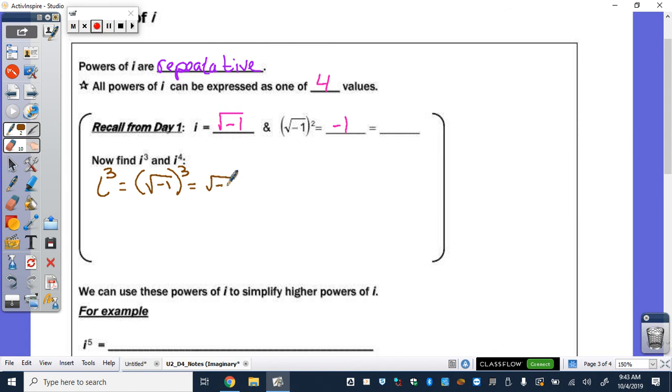So if I rewrite that, that's the square root of negative 1 times the square root of negative 1 times the square root of negative 1. But as we just figured out, if I multiply two of them together, what does that turn into? Negative 1, right? The square root of negative 1 squared is negative 1.